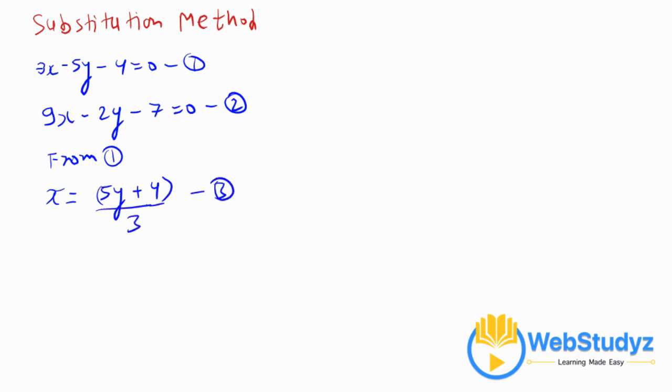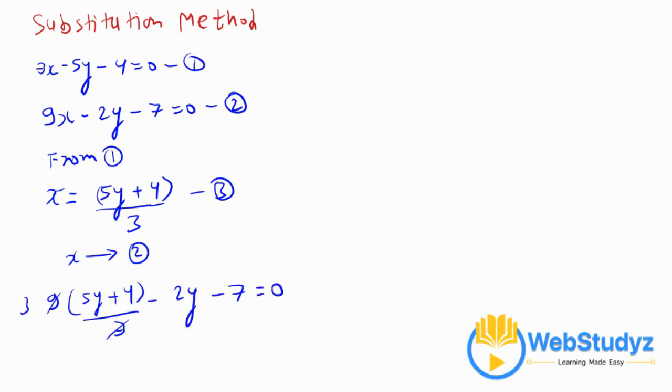This is our third equation. Now, putting the value of x into the second equation, we get 9 into 5y plus 4 by 3 minus 2y minus 7 equals 0. We cancel out this by 3 times.